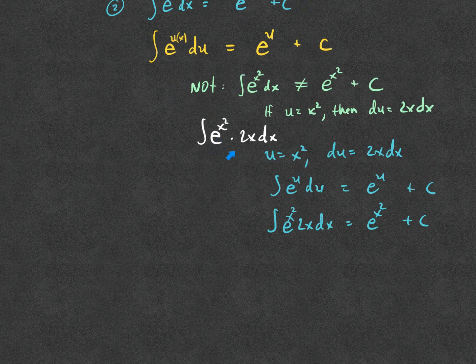So if u is x squared, du is 2x dx, and so what we really have here when we do the substitution is now e to the u times 2x dx, which is du. So you see the formula does work here. This formula says that this will be equal to e to the u plus c, which is e to the x squared plus c. And for the original problem, if you actually take the derivative of this, we will get e to the x squared times 2x, which is the integrand. So it does work.